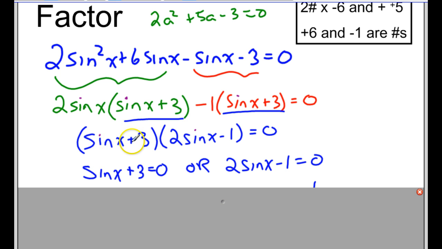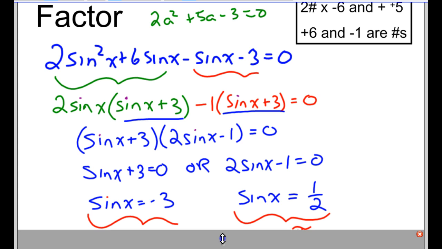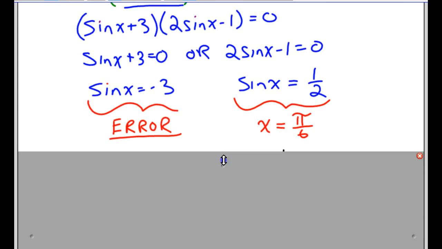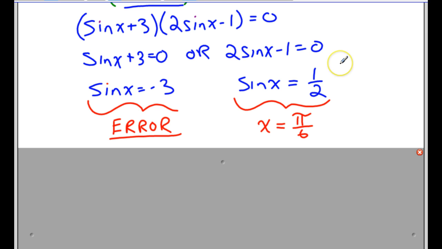Which tells me anytime I have two terms multiplied equal to 0, this term is 0 or this term is 0. Now it's important to note that the first possibility, sine x equaling negative 3, is not really a possibility at all.